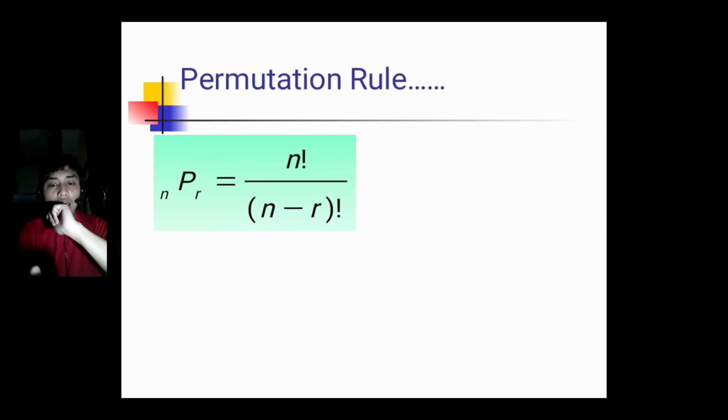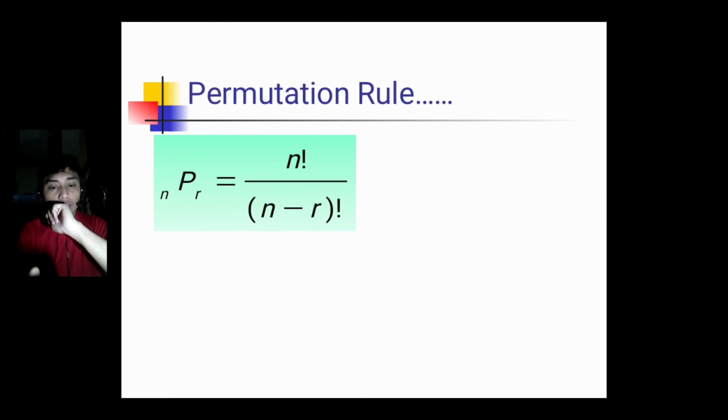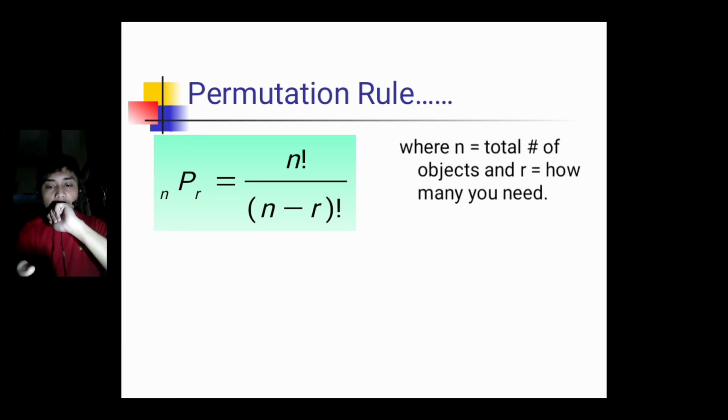So now, we have our permutation rule: nPr is equal to n factorial divided by n minus r factorial, where n is the total number of objects and r is how many you need.